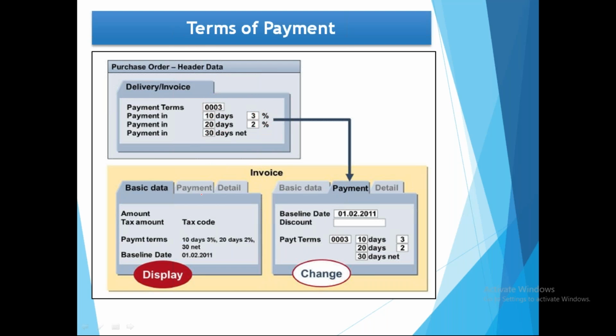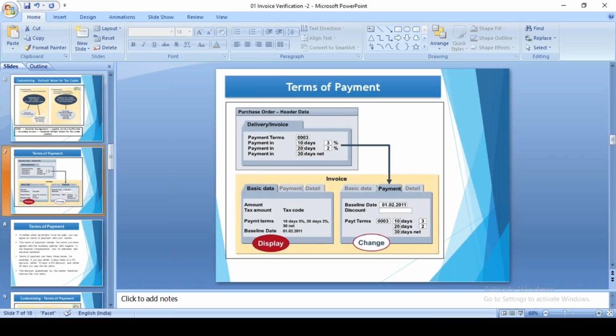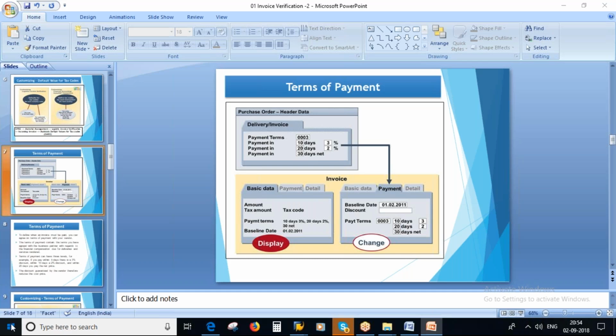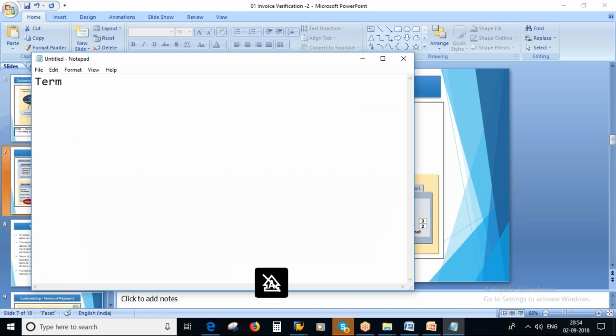These terms of payment are actually maintained in the vendor master. Suppose I open a notepad file: terms of payment, normally first it is maintained in the vendor master. From the vendor master, when you create a PO, they will get inherited to the purchase order.